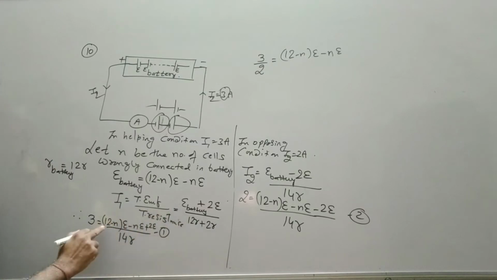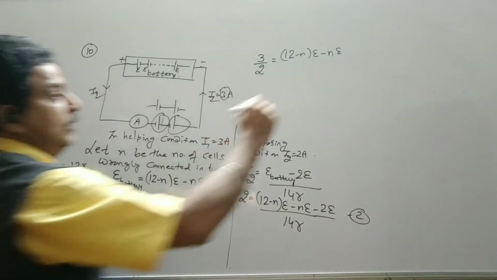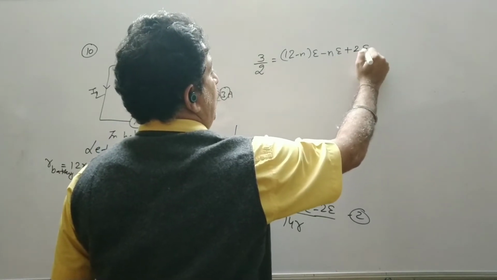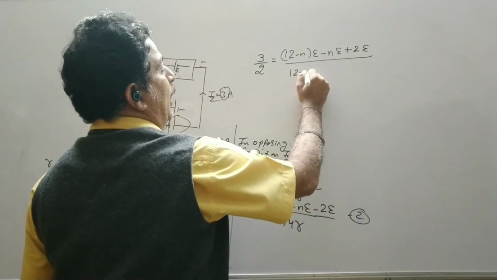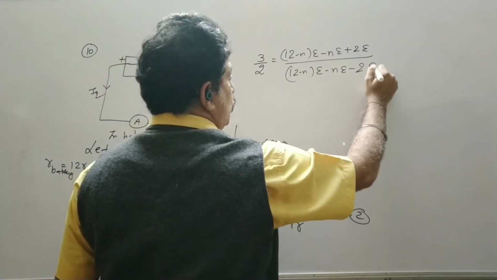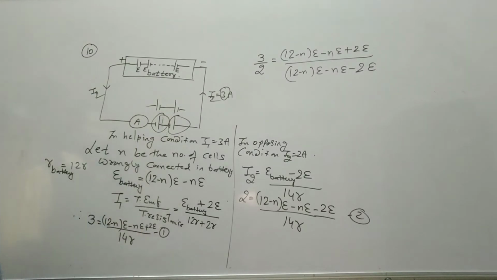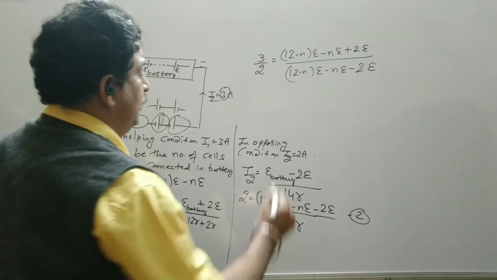So E battery, (12 minus n)E minus nE, and 2E, they are helping. So plus 2E, upon (12 minus n)E minus nE minus twice E, because now the two are opposite. So we evaluate this portion.